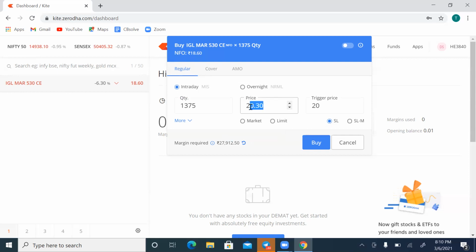So this price 20.30 means that between 20 and 20.30, for any bid that is coming in the stock, I want to execute my trade. We are instructing the NSE exchange to execute our trade between price 20 and 20.30.